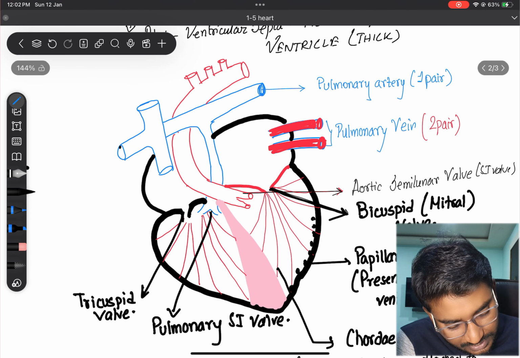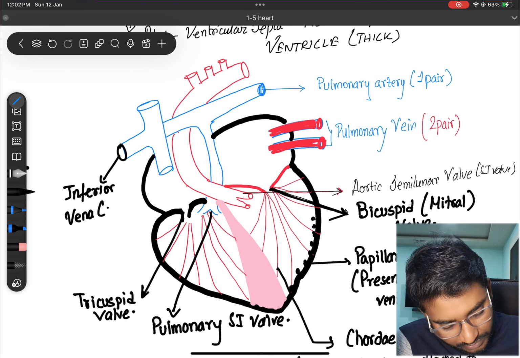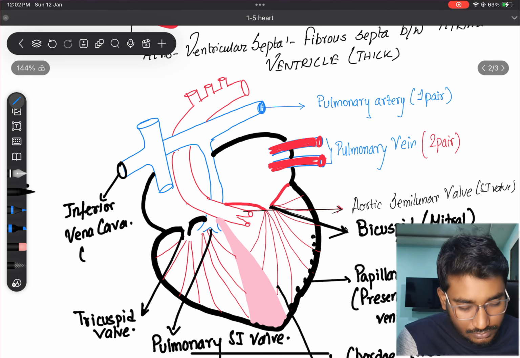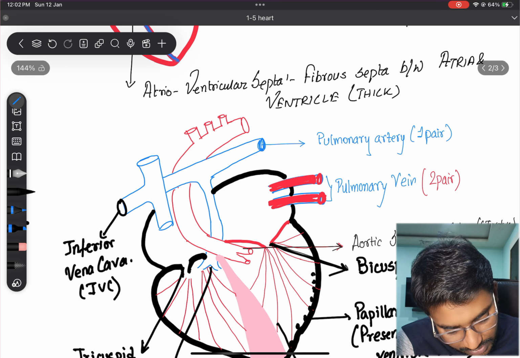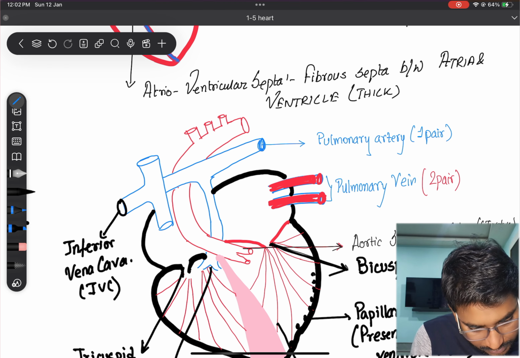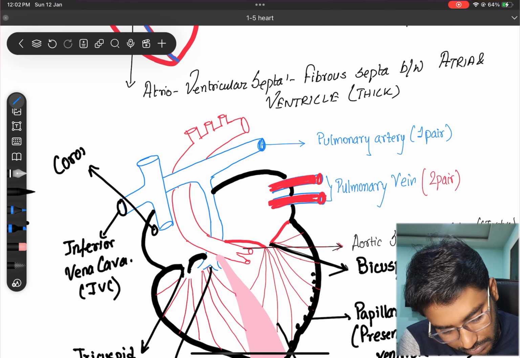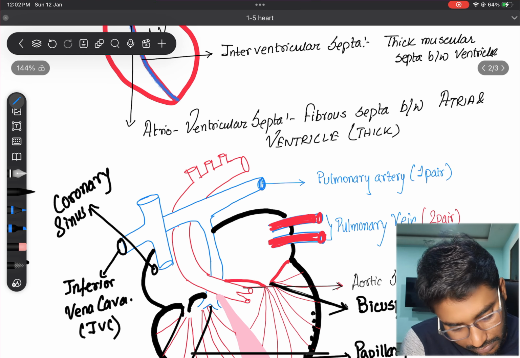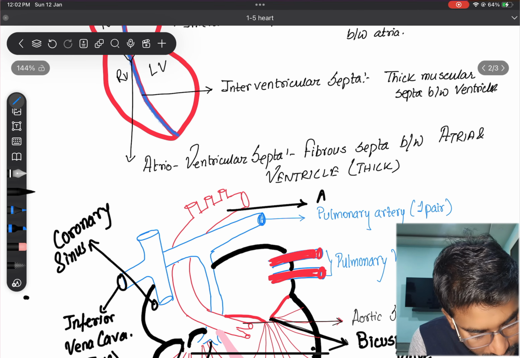Tricuspid valve. This is the inferior vena cava, IVC. This is called the coronary sinus. Now this is the aorta.